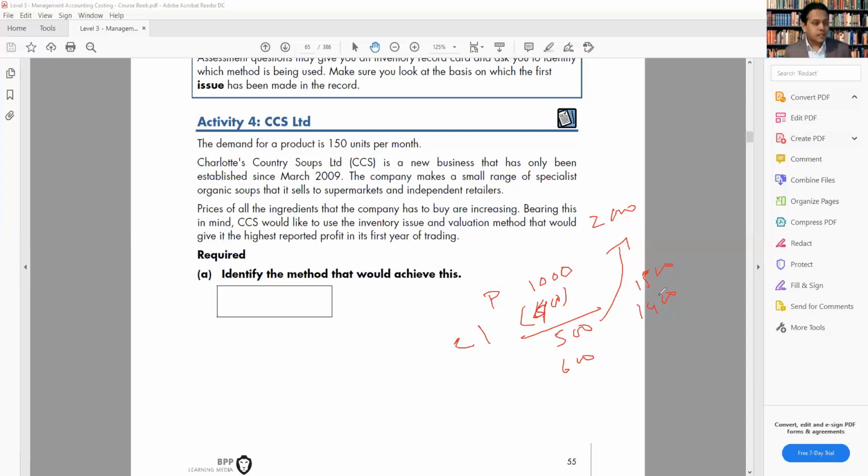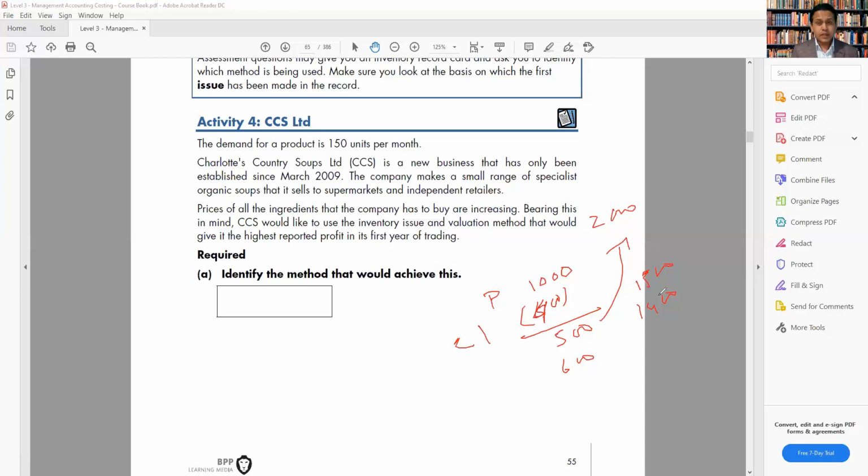Vinol, you said this is possible only in the situation wherein the price of ingredients is increasing. If the price of the ingredients is decreasing, well, it is a normal practice that the price of the product is always going up.